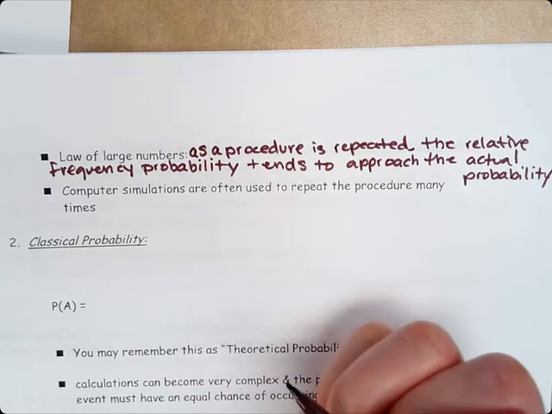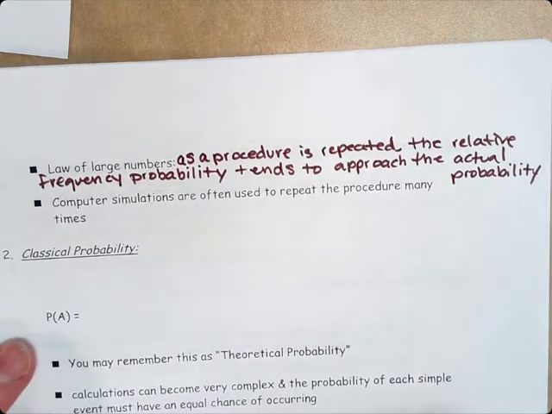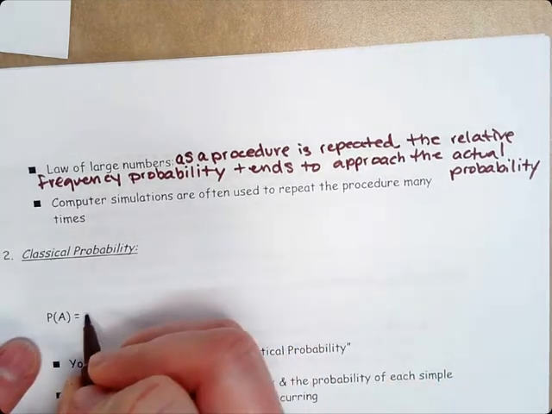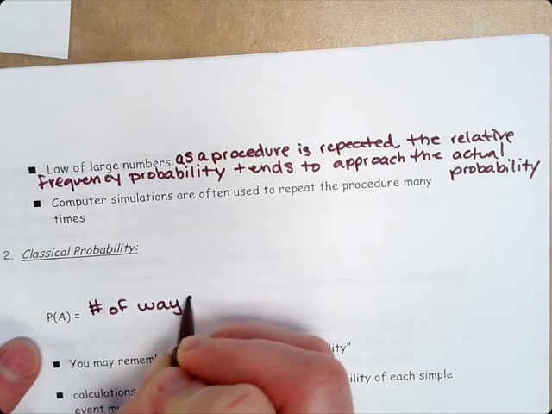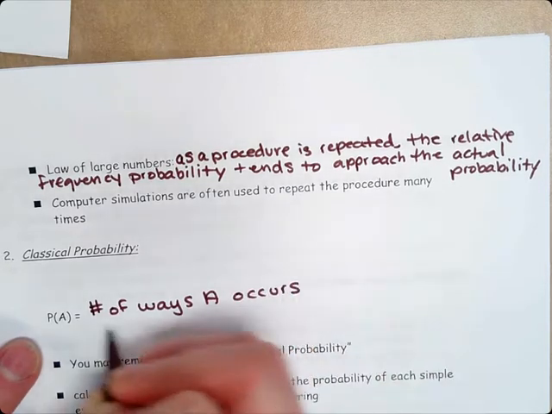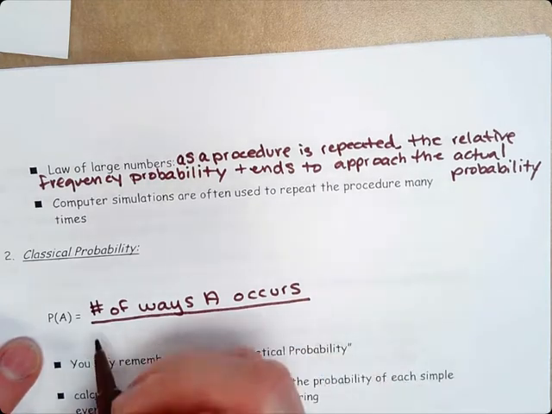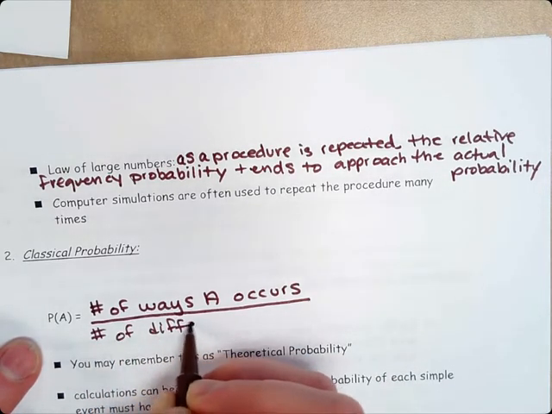Okay, classical probability is the next one. If a procedure has n different simple events that are equally likely, and if event A can occur in different ways, then we are going to write the probability like this. Number of ways A occurs over number of different simple events.